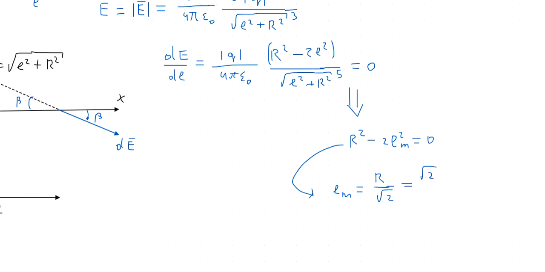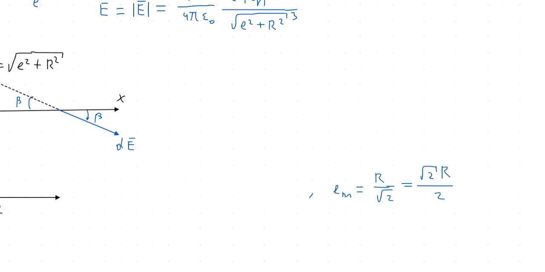So it will be R divided by square root of 2. Okay, do you have any questions about this? No questions. Okay, if there are no questions, I will just leave this.